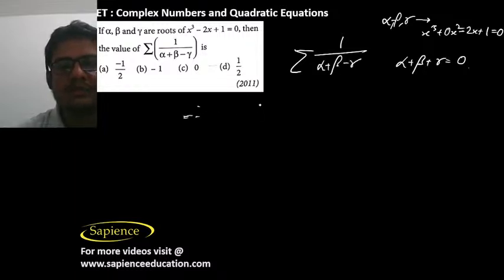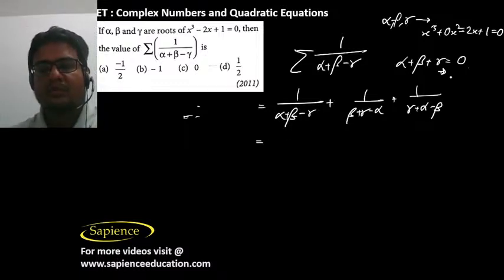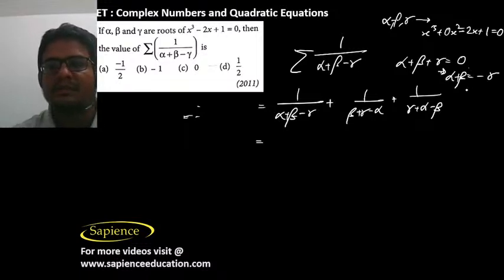Therefore here it is asked to find the summation of 1 by (alpha plus beta minus gamma). So that is equal to 1 by (alpha plus beta minus gamma) plus 1 by (beta plus gamma minus alpha) plus 1 by (gamma plus alpha minus beta). So alpha plus beta I can write as minus gamma. Similarly beta plus gamma is minus alpha, and gamma plus alpha is minus beta.